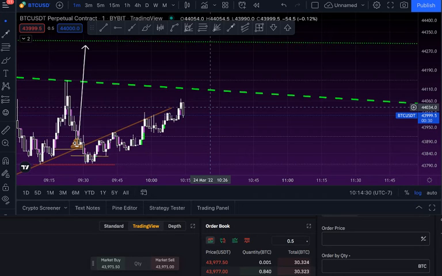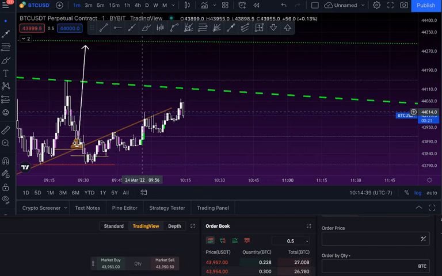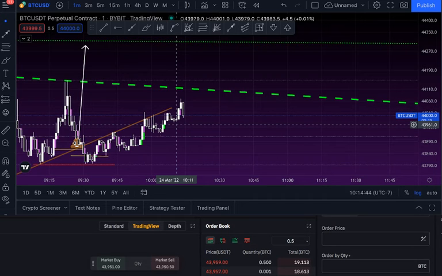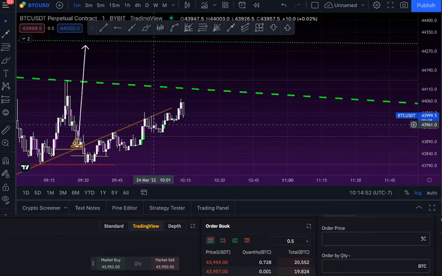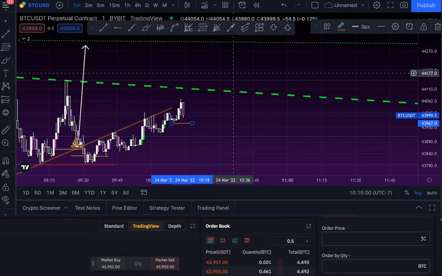Now we are forming a swing high. With these three candles, we've broken this high, and now I would want to see a quick swing low that doesn't break this new market structure. This swing low. Right?